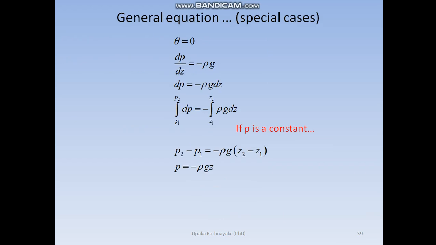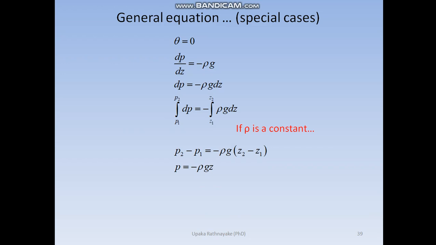Now the generic equation will be the integration of this differential equation, that is integral dP is equal to minus integral rho g cos theta ds. Remember, the minus sign stands for the direction.